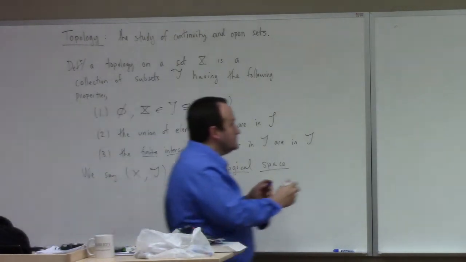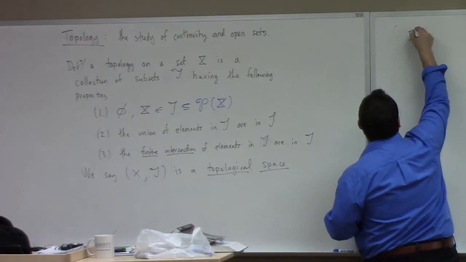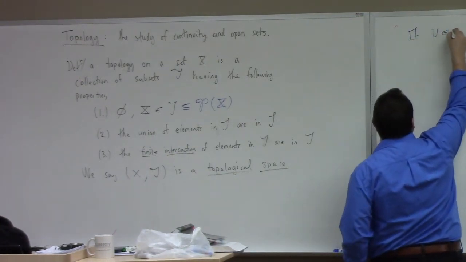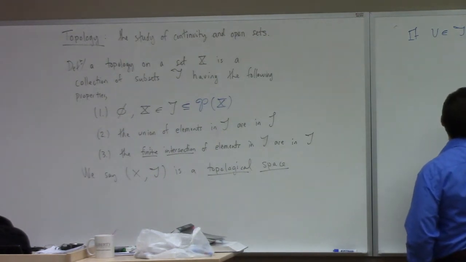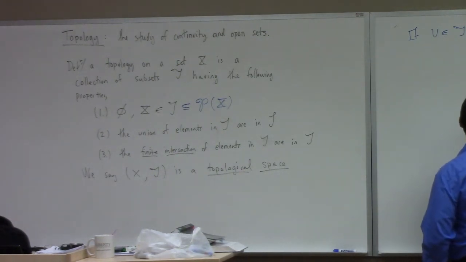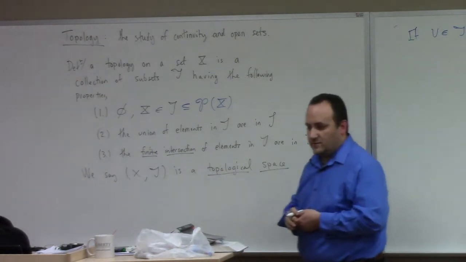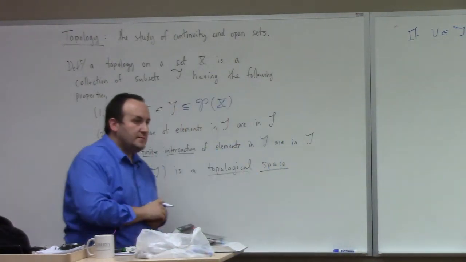Terminology. If U is an element of tau, then U is open. So open sets are the sets which are in the topology, right?